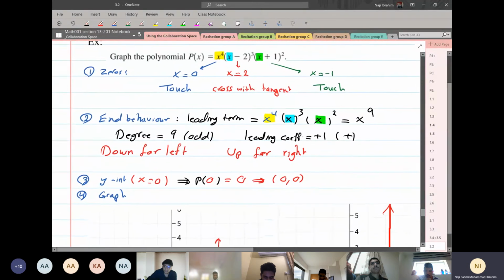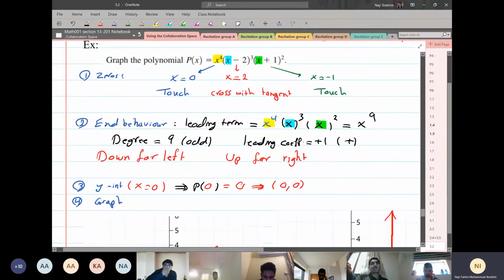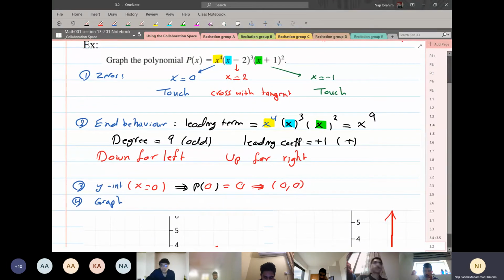What was the leading term here? x to the power 9. What's the degree? 9, which is odd. And what's the leading coefficient? What's the coefficient of x to the power 9? Positive. So this means the graph goes down far left and up far right. And we said this is the end behavior.